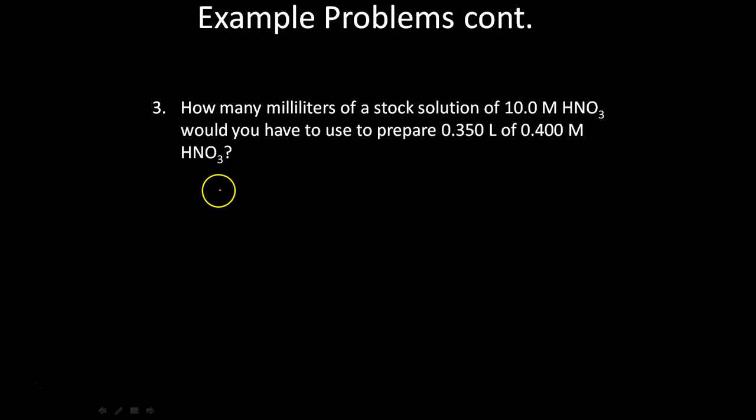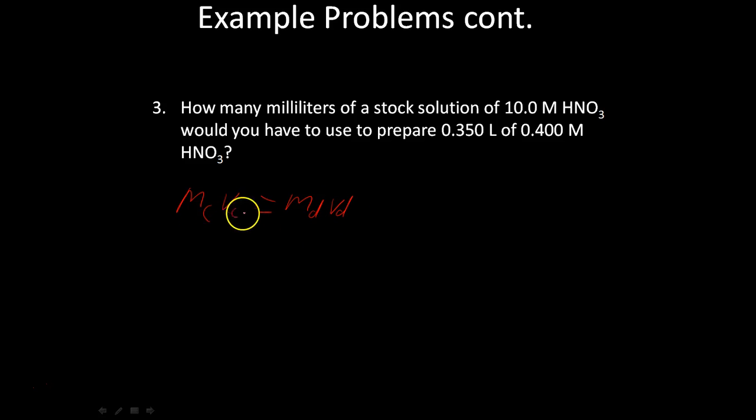So let's go ahead and start. We already know that this has got to be the concentration of the concentrated solution, because it's lower than this one, right? And we would use it to prepare 0.350 liters of this. So this is telling us how much total solution we'll have after we dilute. So MC VC equals MD VD.